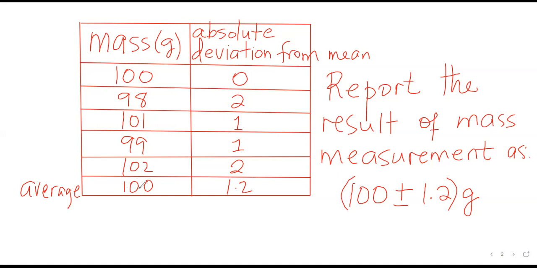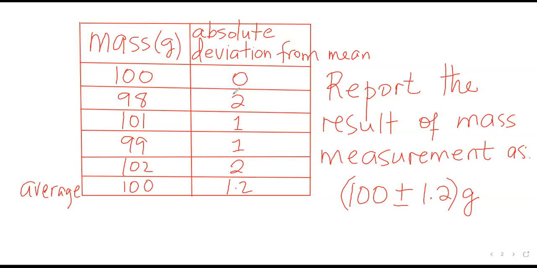The average is 100. Now in the next column, you calculate absolute deviations from the mean. So you're going to subtract each number from the average number.